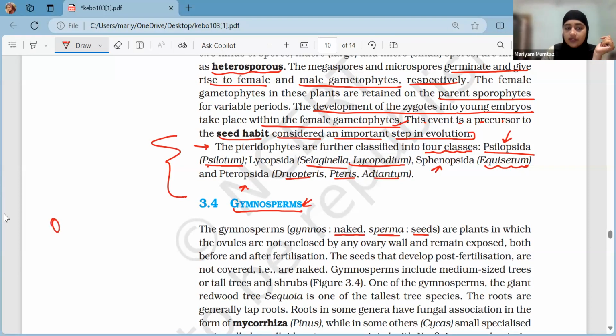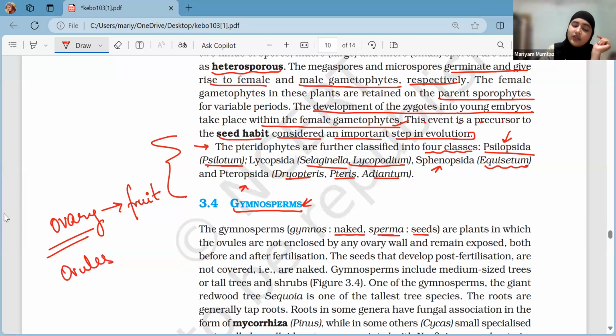The ovary, in which the egg cell is there, develops into a fruit, and the ovules present inside the ovary develop into the seed. Just like the seed is present inside the fruit, the ovules are present inside the ovary.